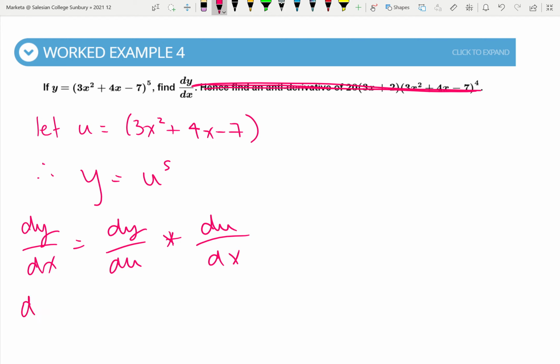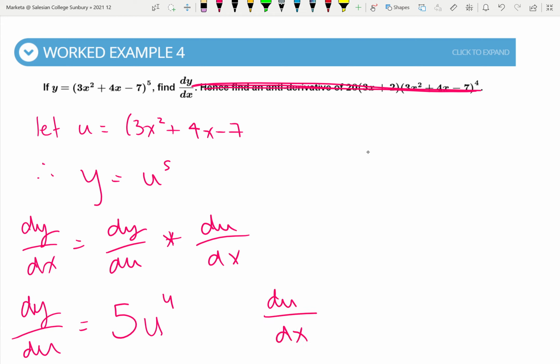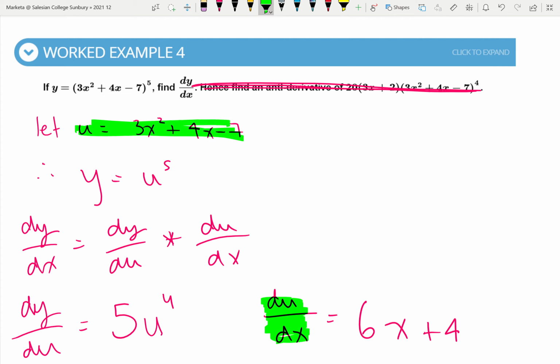Well, dy/du is going to be 5u to the 4. And du/dx is going to be 6x plus 4. So the derivative of u with respect to x comes from that, and the derivative of y with respect to u comes from that.